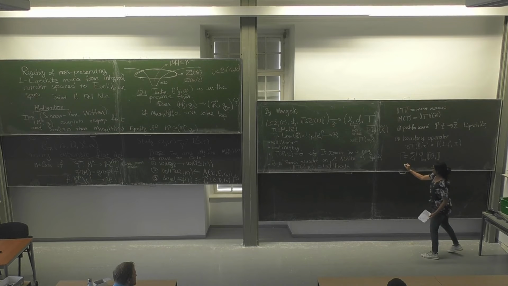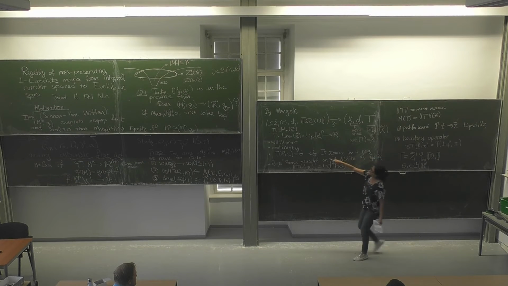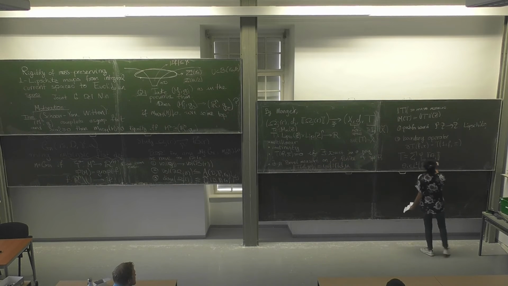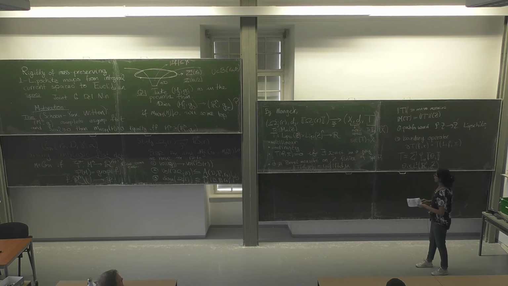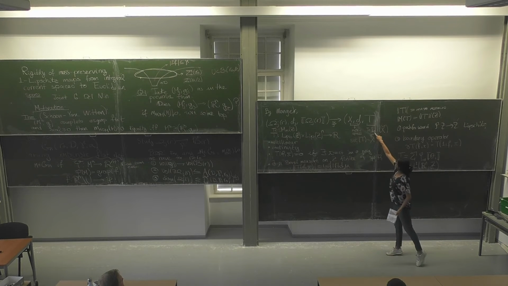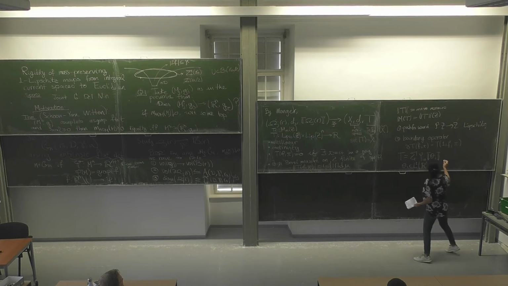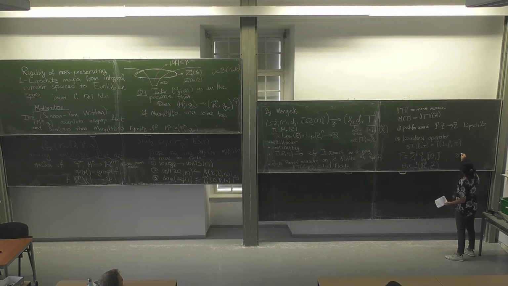These theta_i's are functions in L1 of R^n. And because I want them to be integral, here I can write that. And another condition is that the boundary of T has to be a current.